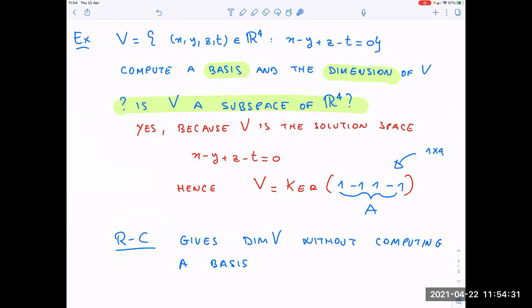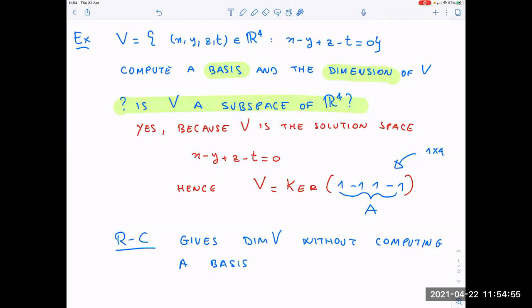So how do we count the solutions of a linear system of equations, homogeneous or not? Let's see. Exactly, the Rouché-Capelli theorem tells you that you have to evaluate the number of free parameters.